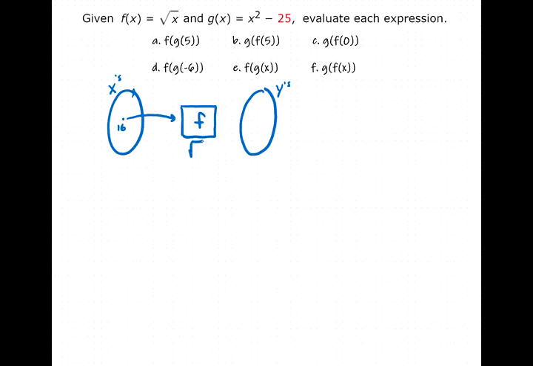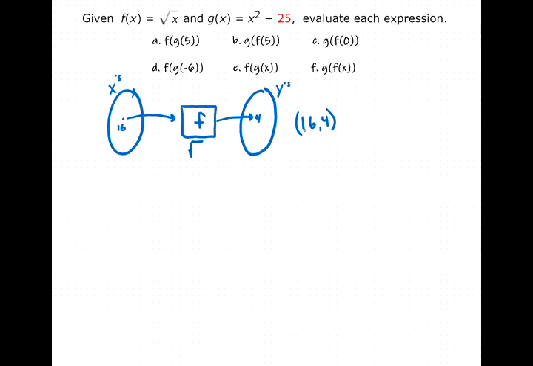So it takes an input, takes the square root of the input, and then yields an output. So the square root of 16 is 4. And so that gives us the ordered pair 16, 4.